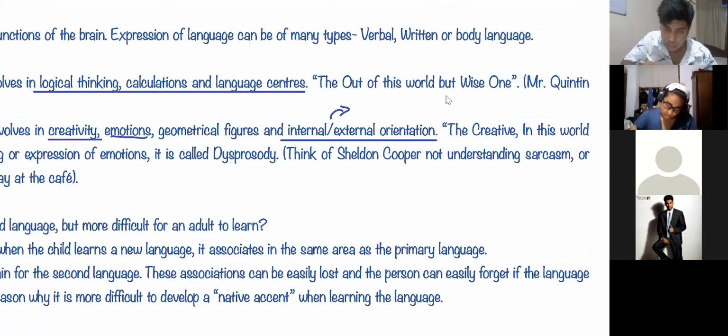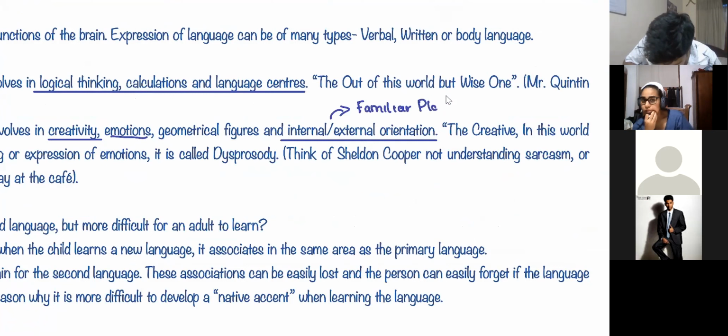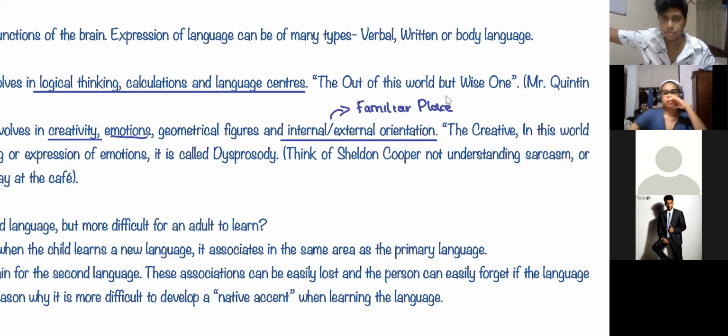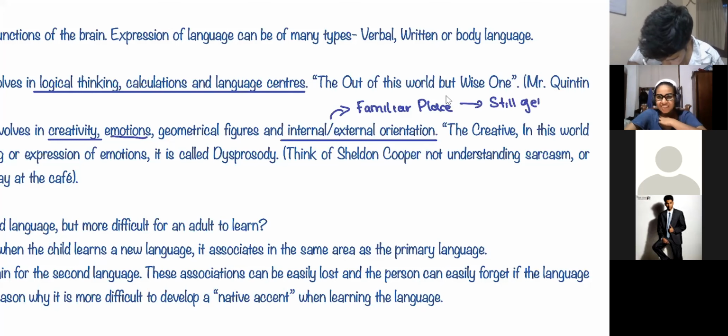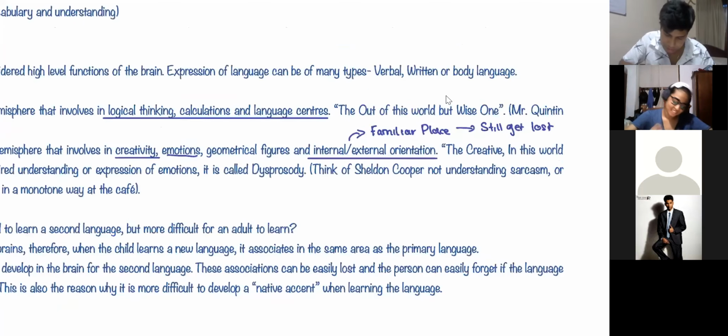If you put them in a familiar place, you take them and drop them just outside the house, near the shop which is very close to your house, they still get lost. These are the creative people.